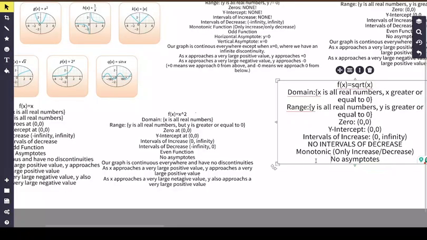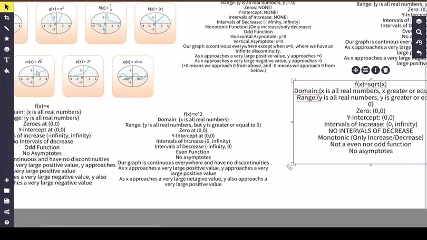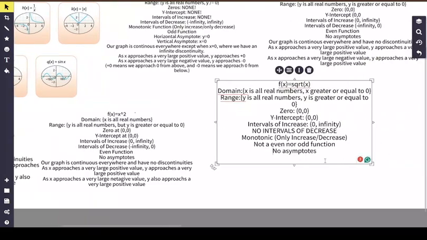And it is neither an even nor an odd function because you only get half. Because on any type of even or odd symmetry, it always has to be across the y-axis or across the origin. Because we only have half of the graph, we can't have any sort of symmetry.